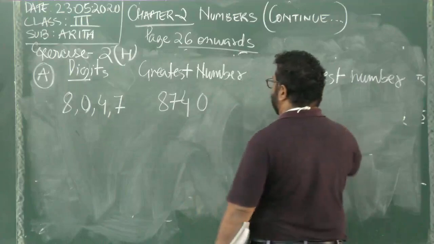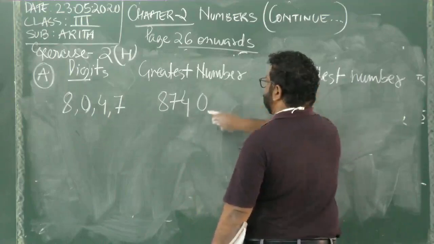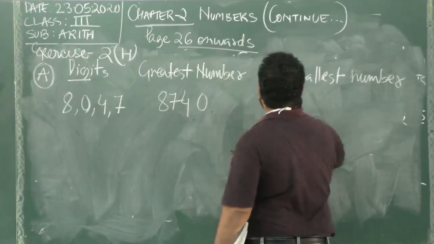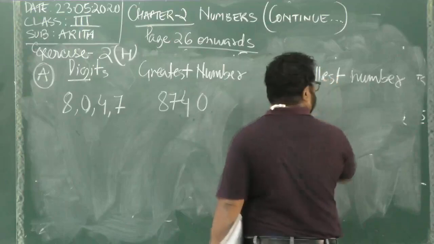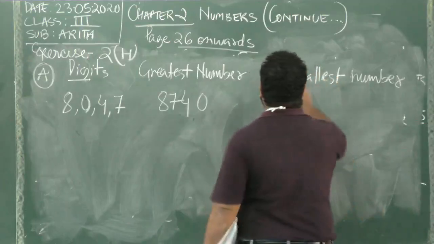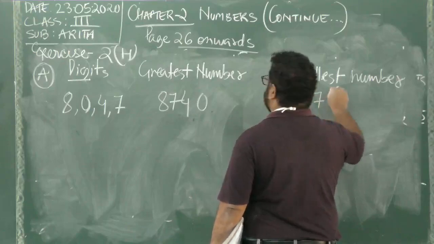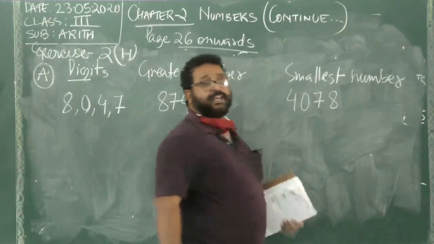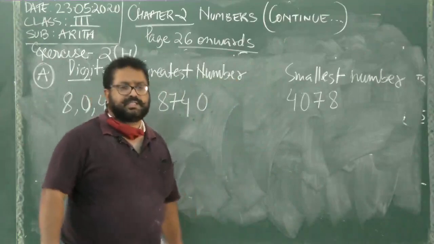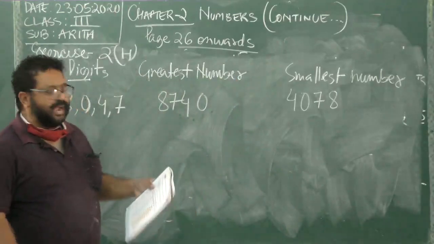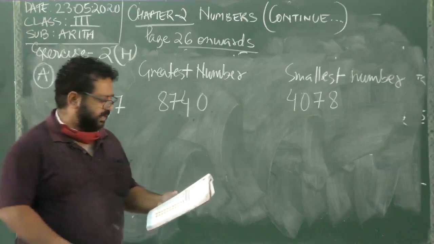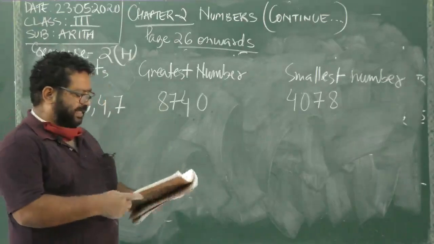And the smallest would be, again we see 0 is there, 4, 7 and 8. So 0 we do not take as the beginning or starting number. So we take 4, we put a 0 and a 7, then an 8. Here we cannot repeat digits. We don't have that liberty to repeat digits. So we can do the rest like that.